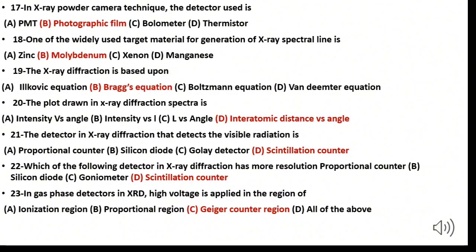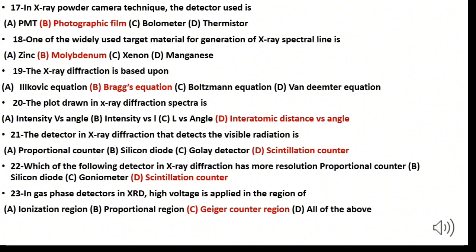In the X-ray powder camera technique, the detector used is photographic film. 18. One of the widely used target materials for generation of X-ray spectral lines is molybdenum. 19. X-ray diffraction is based upon Bragg's equation. 20. The plot drawn in X-ray diffraction spectra is intensity versus angle.